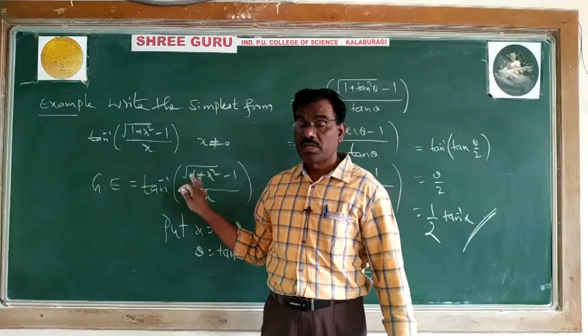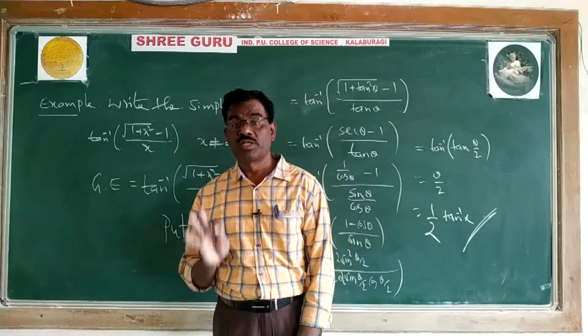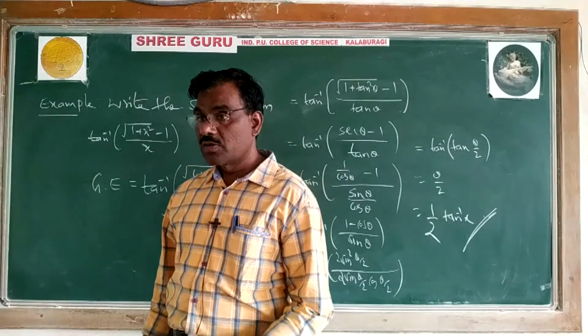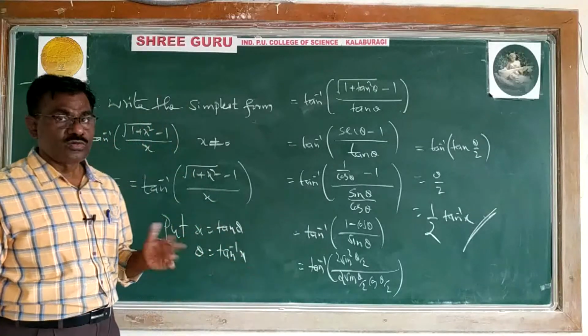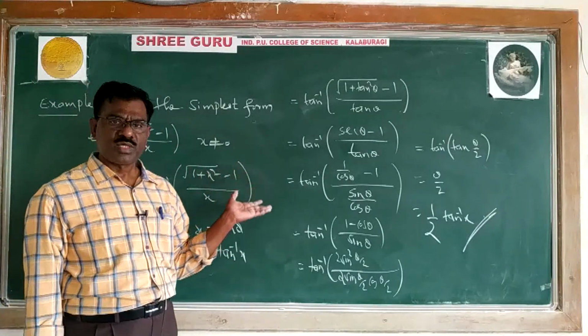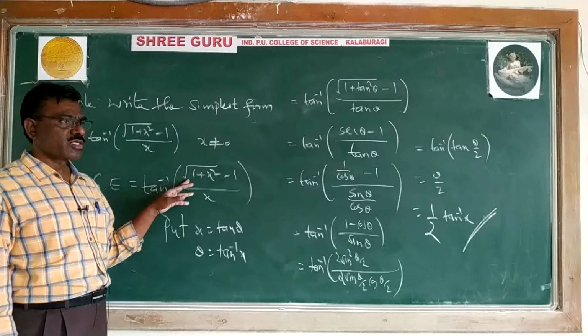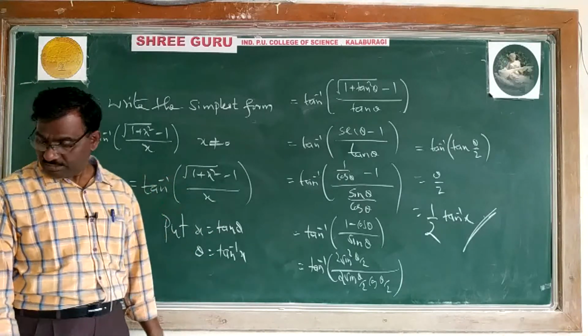Anyhow, for root 1 plus x square, what is the substitution? Tan.